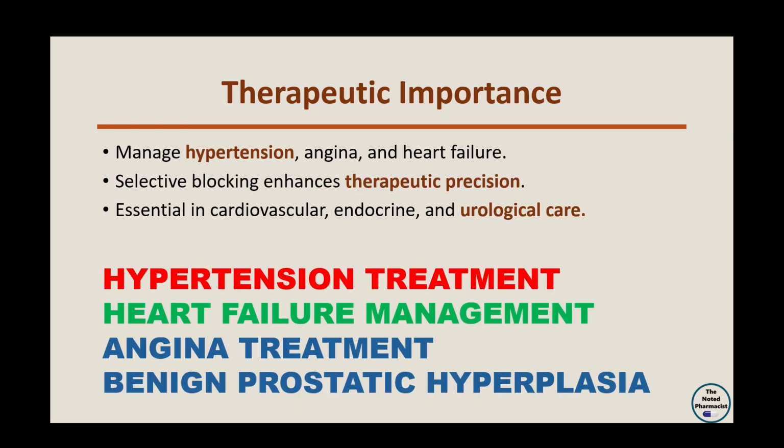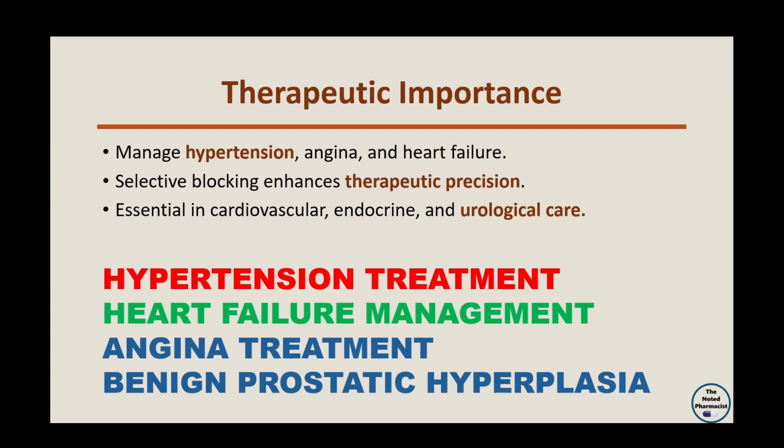Adrenoceptor blockers play a pivotal role in therapeutics, addressing conditions such as hypertension, angina, BPH, and heart failure. Their ability to selectively block adrenergic activity makes them essential in cardiovascular medicine, endocrinology, and urology. We will look at their clinical application in greater detail in the coming sections.